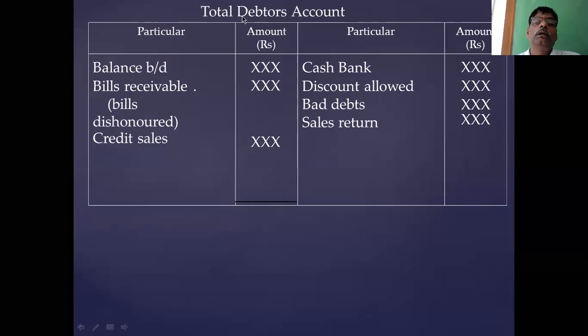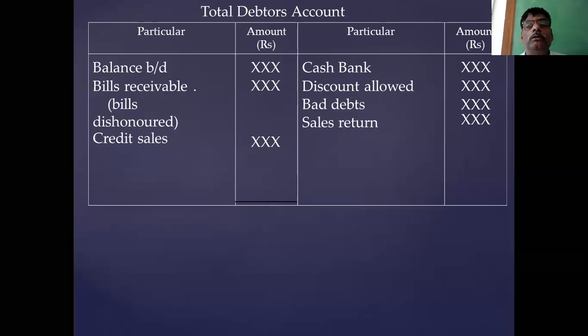When the debtors account increases, we debit, and we credit whatever goes out, whatever decreases the assets' value. Then on the credit side we record whatever asset increases or whatever expense increases. An asset increase or expense increase is recorded on the credit side.